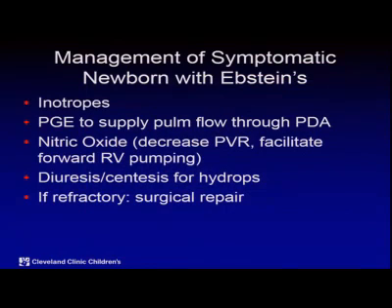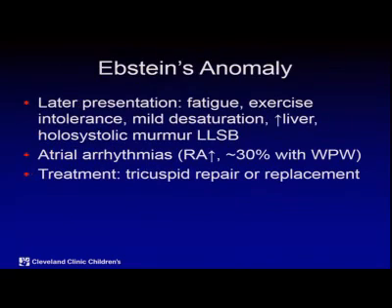All right, how do you support them? Inotropes to improve their cardiac output, PGE, again, in a cyanotic newborn, to improve flow through the PDA, or nitric oxide to make it easier for the right ventricle to pump forward than backward. Later presentation, if they have not so much tricuspid regurgitation, they can present later with fatigue and exercise intolerance.